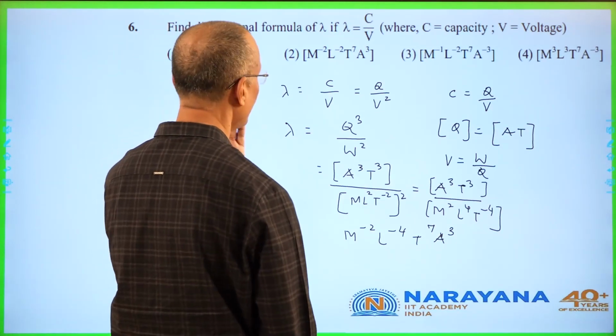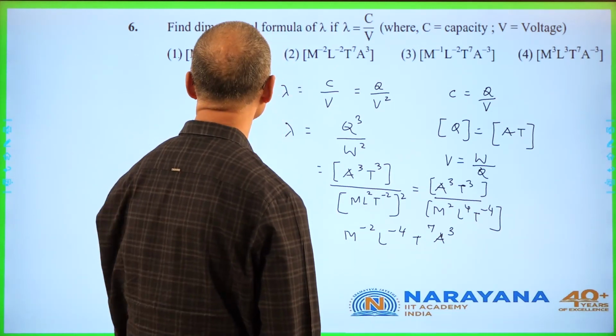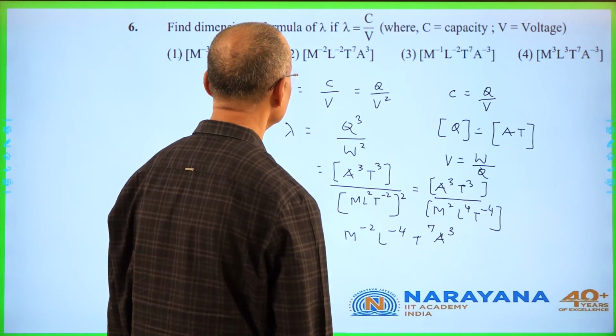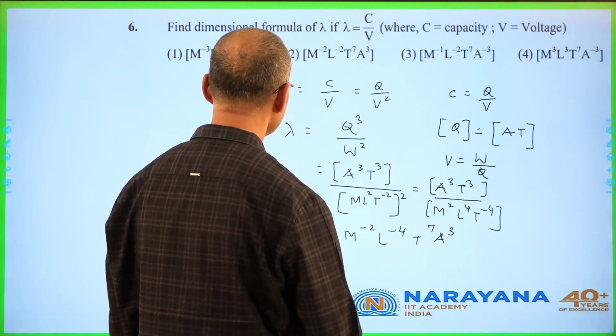Whatever they have given in the options, M minus 3, L minus 3, T 7, we'll have to check that again. Not a single answer is matching from here.